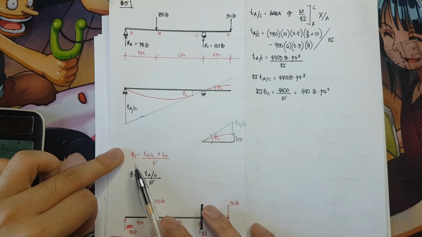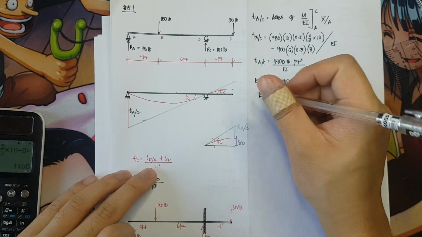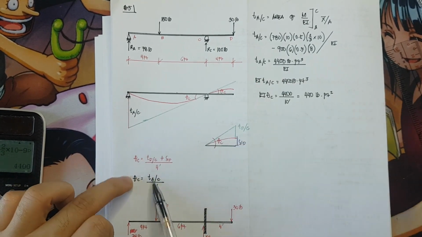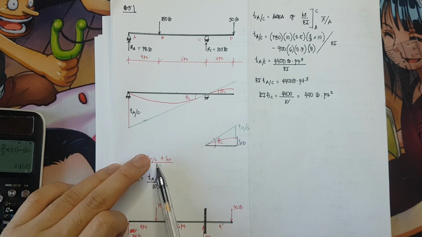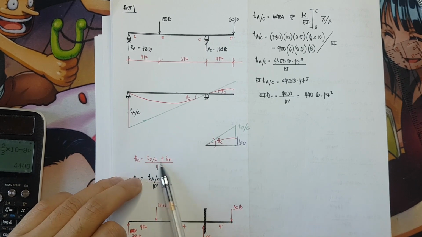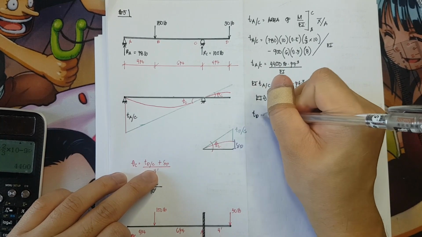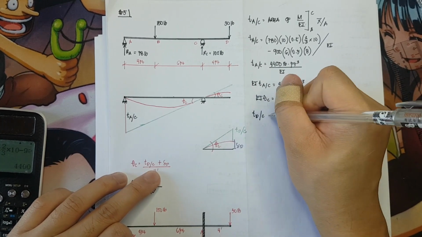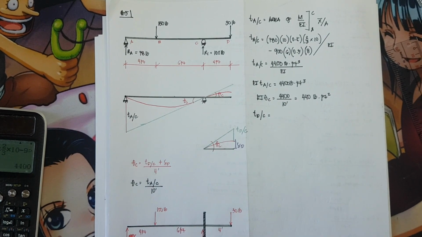So, since we already have our theta C, we can now solve for tangential deviation. Because we have here theta C is equivalent to the tangential deviation of D relative to C plus displacement D. So, let's solve for the tangential deviation of D relative to C. So, we can solve for displacement.